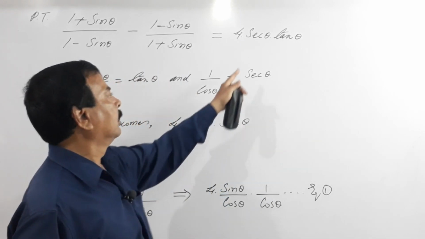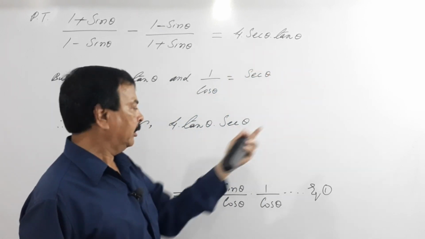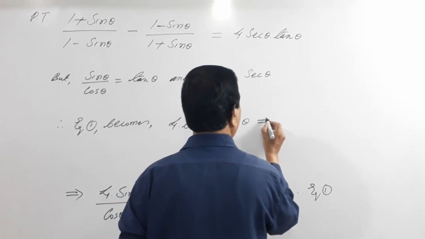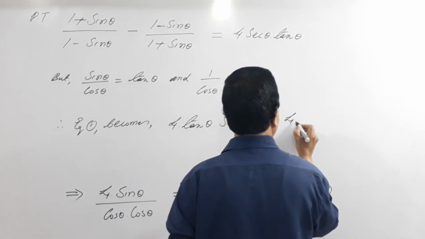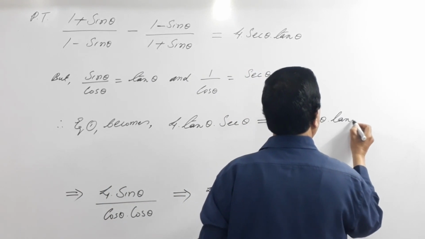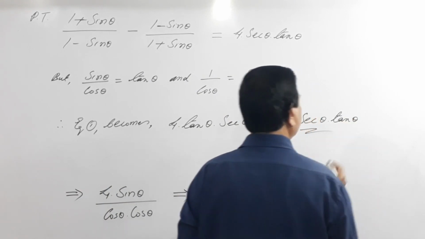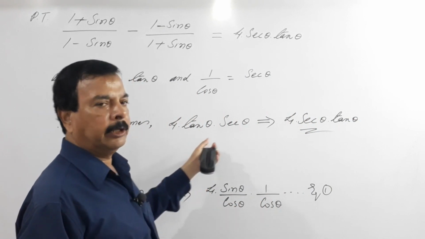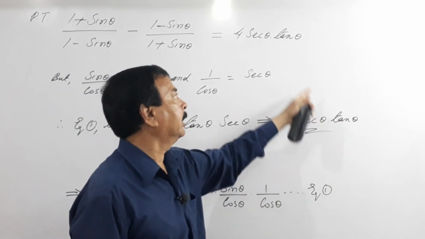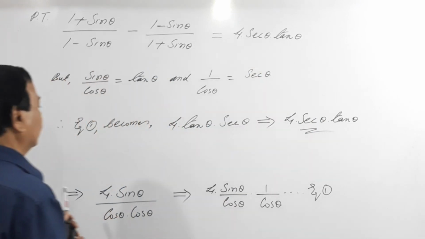What does he want? He wants 4 secant theta and tan theta. Rearrange it. This is nothing but 4 into secant theta into tan theta, isn't it? Whether A into B or B into A, both are the same. So 4 secant theta and tan theta, we have proved it.